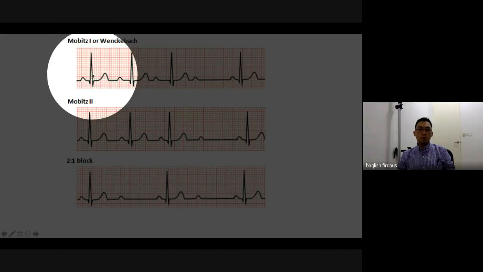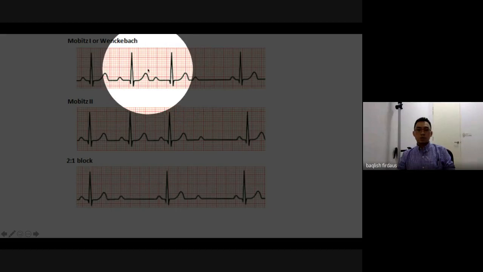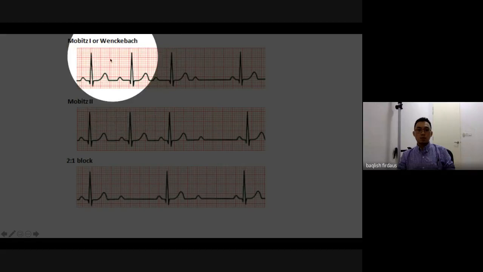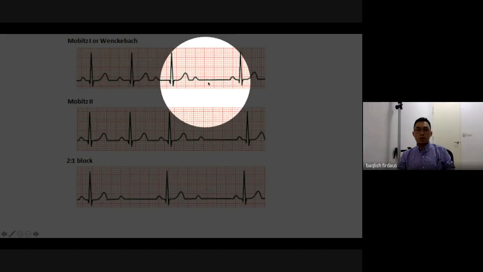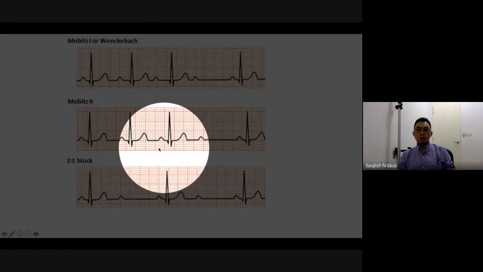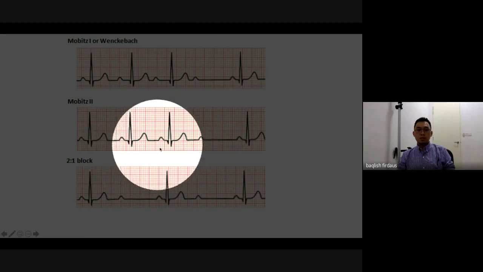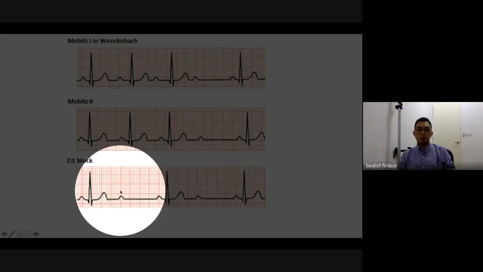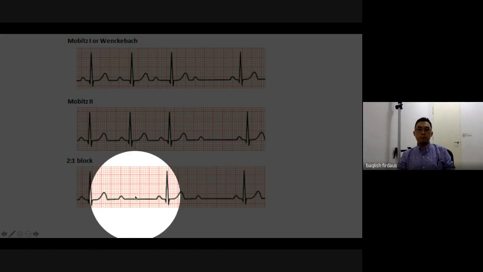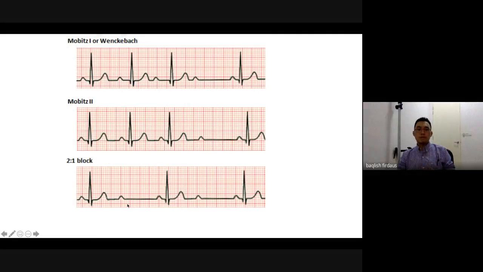In Mobitz type 1, we can compare this QRS complex with this QRS complex and this drop. In a 3 to 1 block, you can compare: the PR interval is similar, then after that it will drop. So in 2 to 1 block, some people classify it as a different entity under second degree heart block.